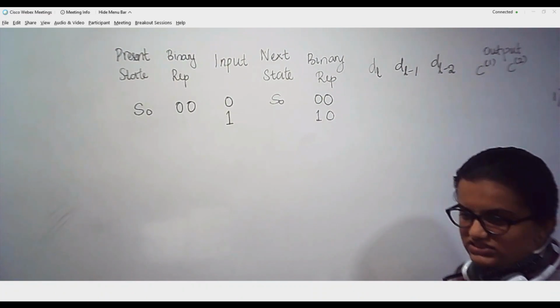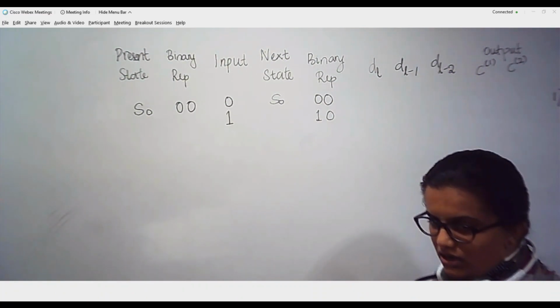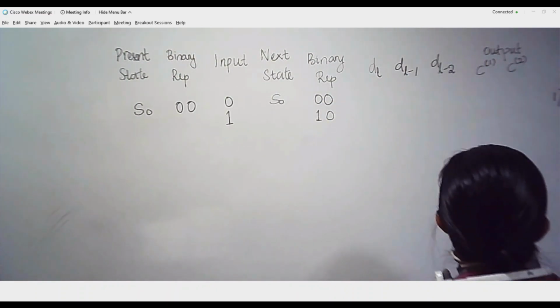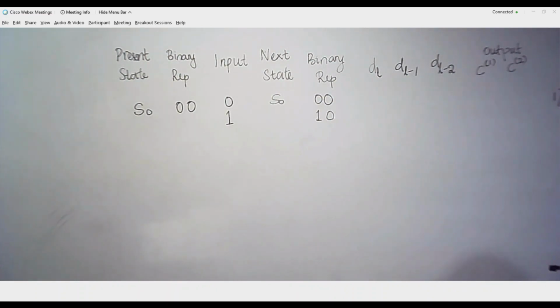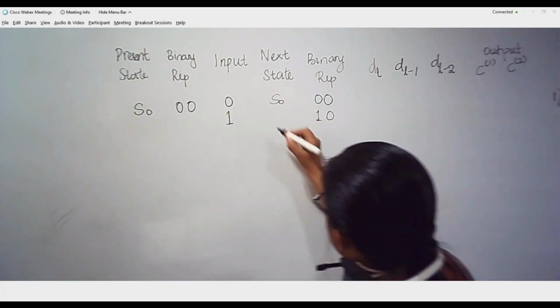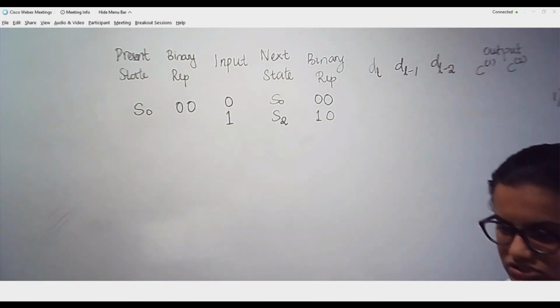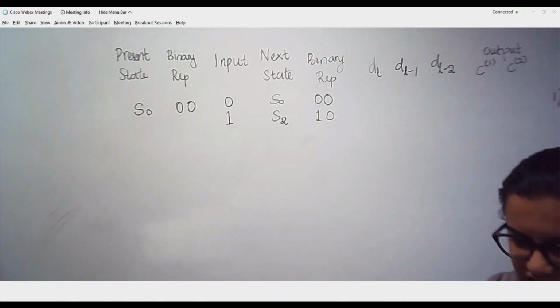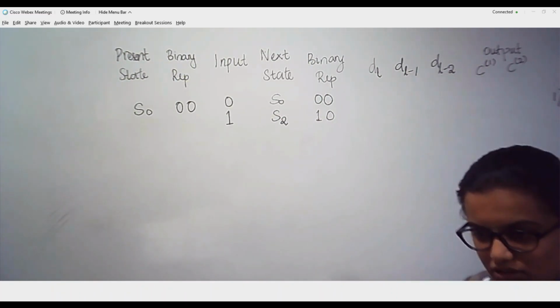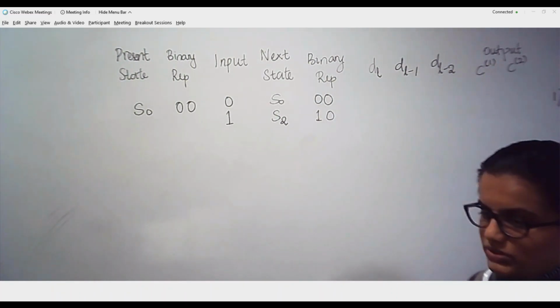What did we address this as? S2. There is a small change. We have written it as S2, right? Okay, I guess there is no problem with that. There will be a slight change between the textbook and my representation. You could name it in any way, no problem.